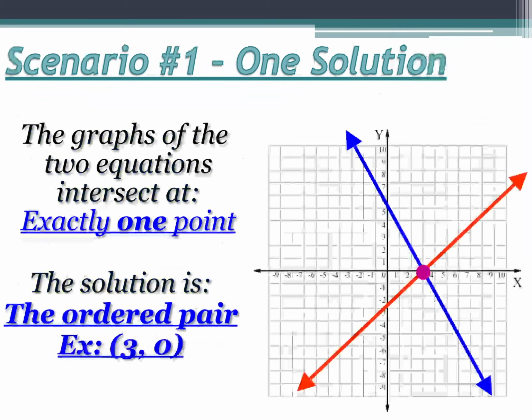These graphs are going to intersect at exactly one point, and that ordered pair is the solution to your system. That ordered pair could be plugged into each of those equations and result in a true statement. So in this scenario, the solution is (3, 0).